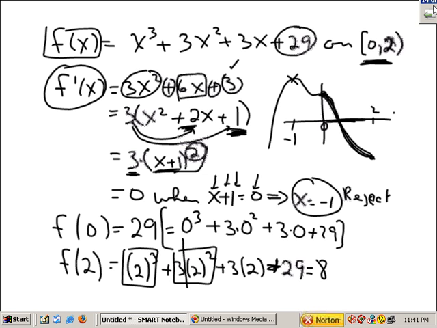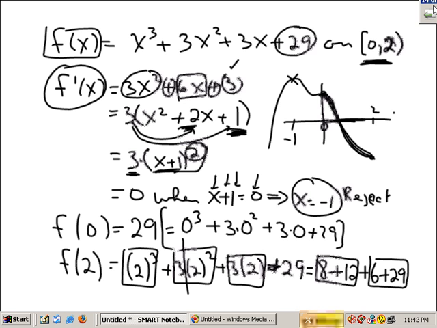I know that 2 squared is 4. 3 times 4 is 12. Plus 3 times 2 is 6. Plus 29. Well, 8 plus 12 is 20. And 6 plus 29 is 35. 35 plus 20 is 55. Okay, so we came up with two numbers, 29 and 55.